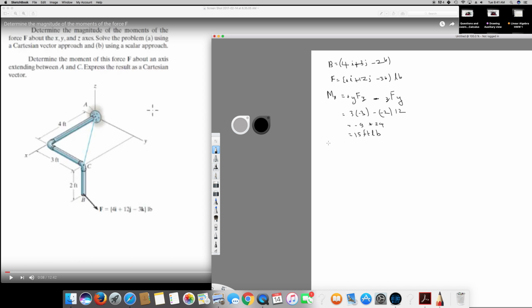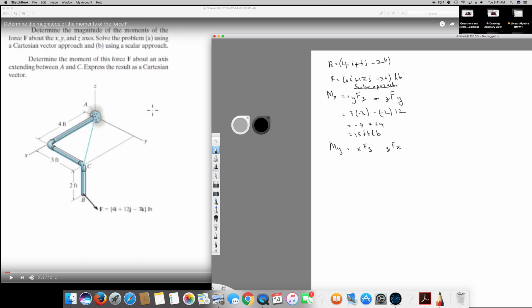To find My, I have to use the same approach. Don't forget, this is the scalar approach. So to find My, if it's y, we have to put x Fz, then z Fx.